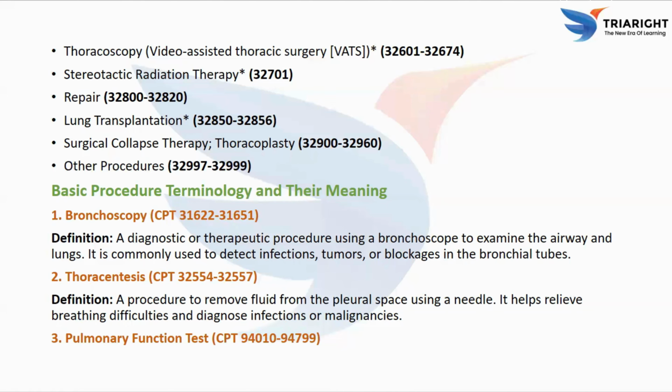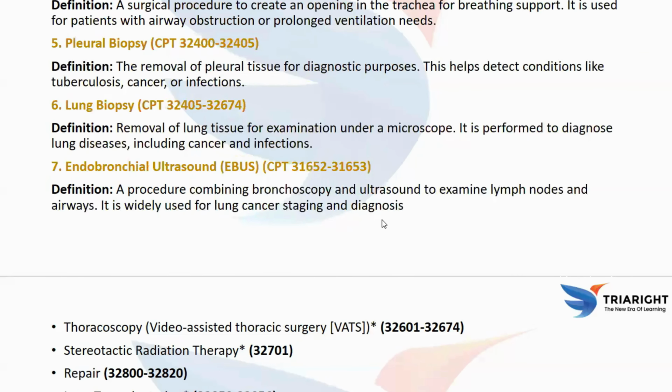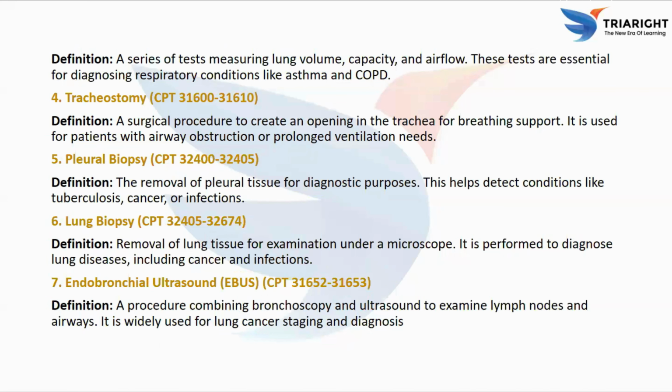The common conditions diagnosed with pulmonary function tests are asthma, COPD, and restrictive lung disease. And these are not surgical. So it is found in the medicine section but not the respiratory surgery. And multiple pulmonary function tests may also be bundled.